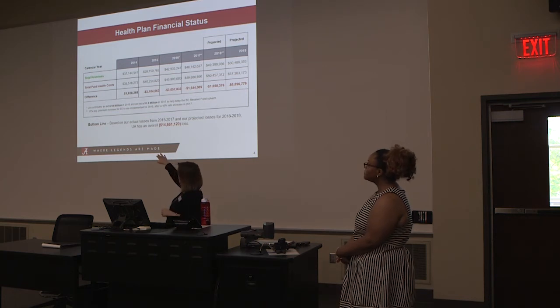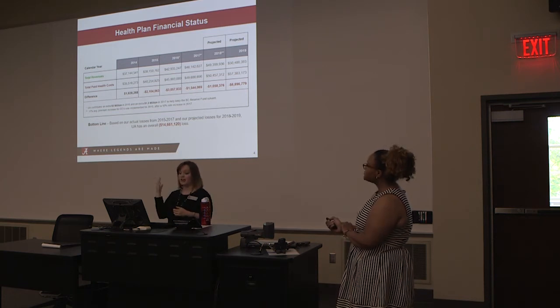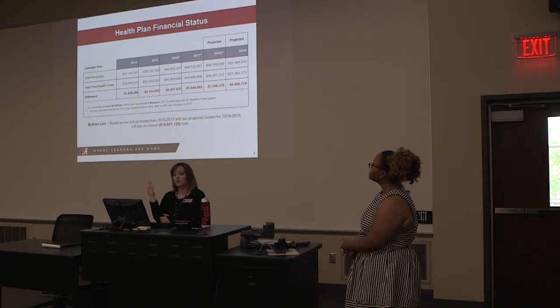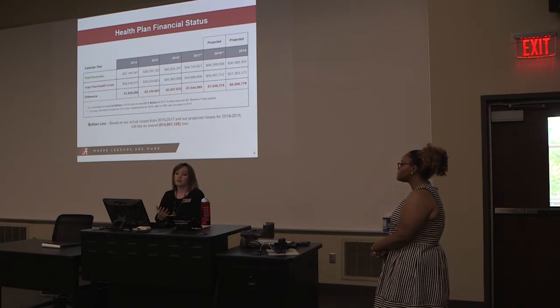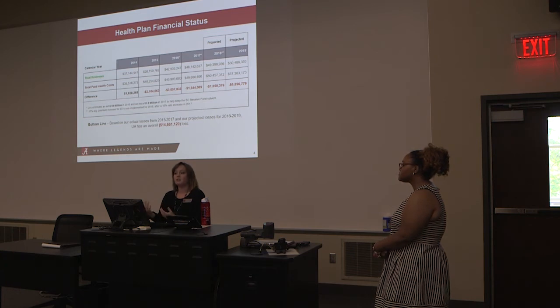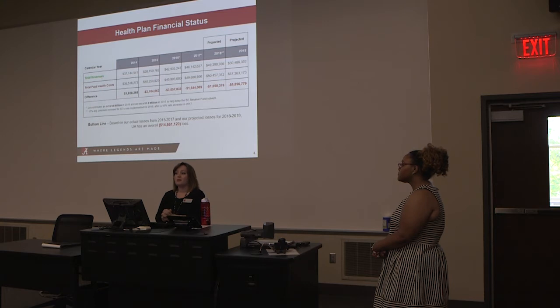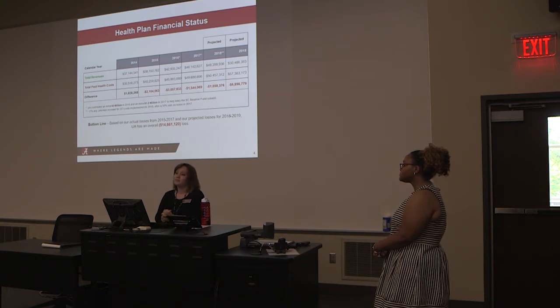You'll notice in the first bullet, UA added 2 million in 16 and 1.2 million in 17, but they chose to add additional money from the university instead of putting that on the backs of the employees. Looking back, maybe we could have used that extra funding, but we did not get it, so now we are where we are.